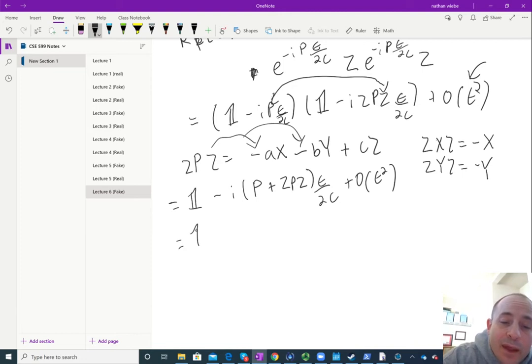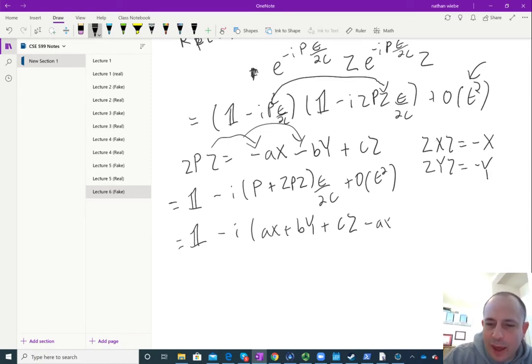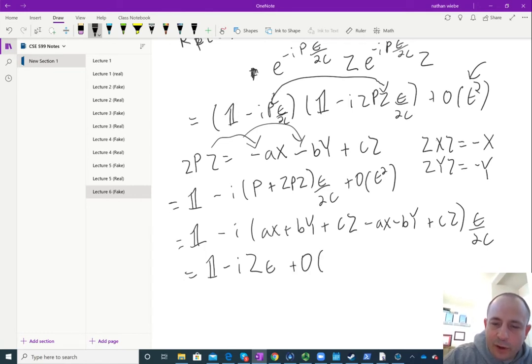Now this is identity minus i (aX plus bY plus cZ minus aX minus bY plus cZ) times epsilon over 2c, which equals identity minus i Z epsilon plus order epsilon squared, which equals e to the negative i Z epsilon plus order epsilon squared.